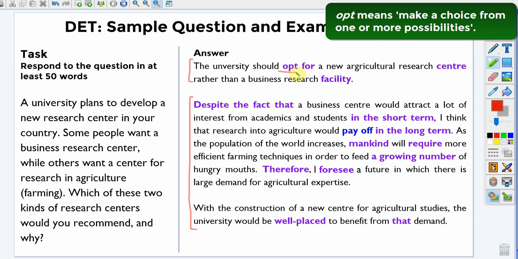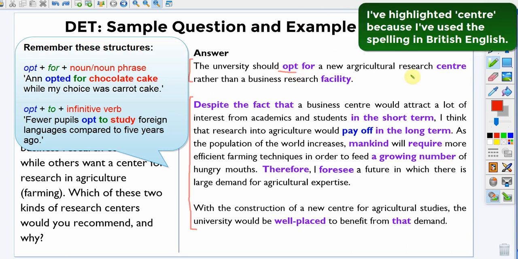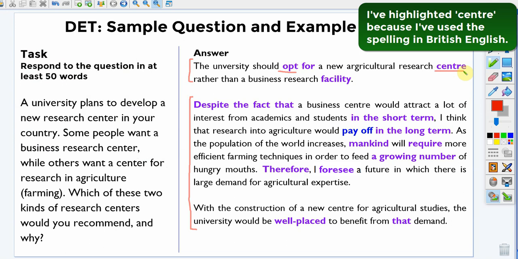Opt means make a choice from one or more possibilities. This is a high-level piece of vocabulary, suitable for English learners with a level of C1 or above. I've highlighted centre because I've used the spelling in British English.